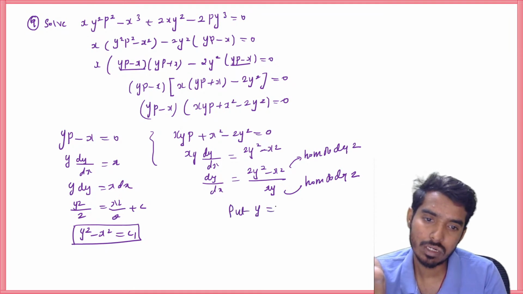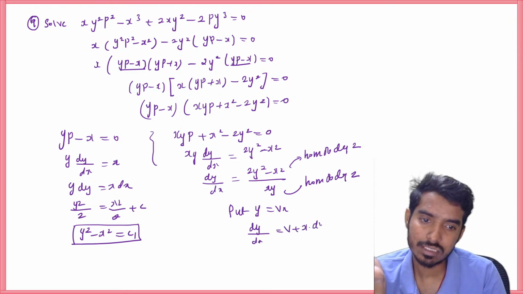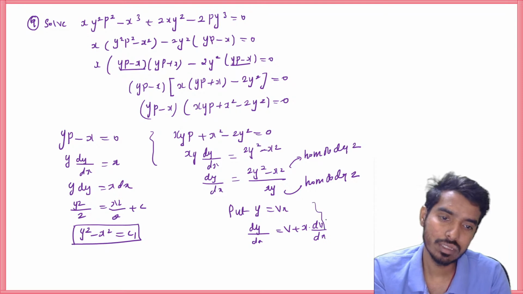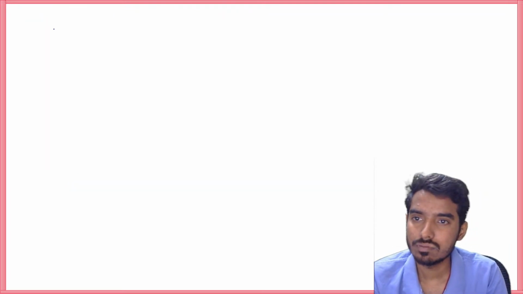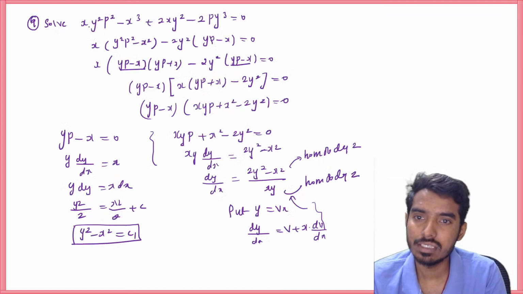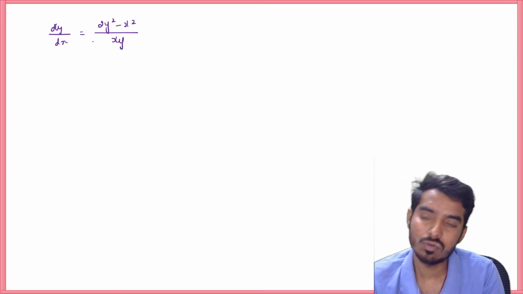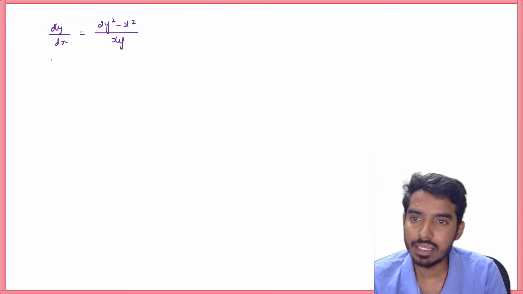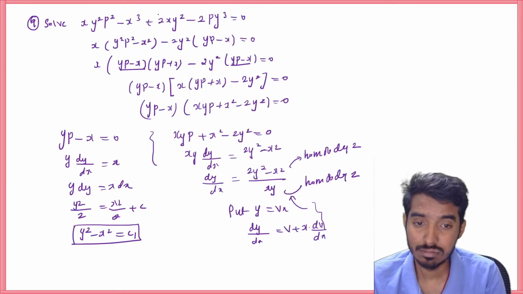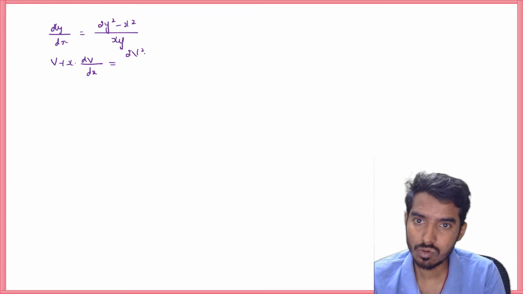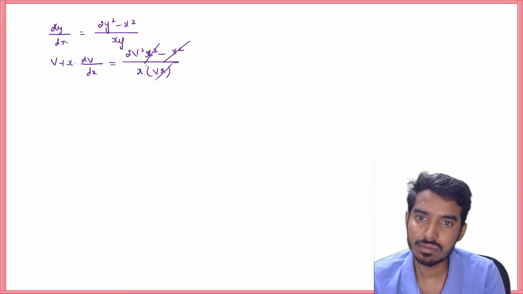So put y is equal to vx. So we have dy by dx is equal to v plus x dv by dx. Substitute these two here. So we have v plus x dv by dx equal to y square minus x square by xy. x square gets cancelled.